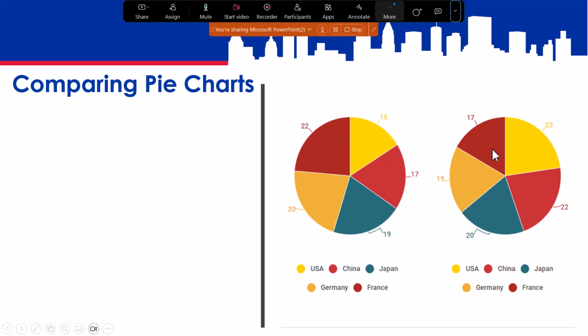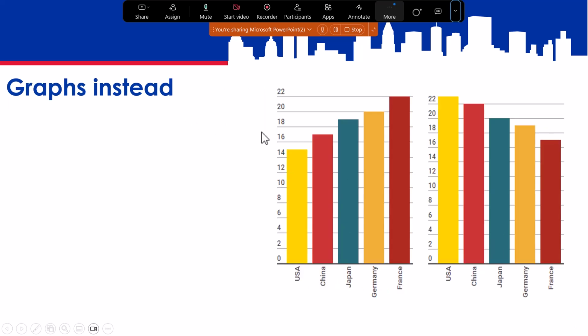It's just not visually appealing, and this is just to confuse you. Pie charts, you usually do with graphs instead. And so now you can easily compare one country for one year versus the next year. The same data in columns tells the story better and is just visually more appealing. You can see the representation here.